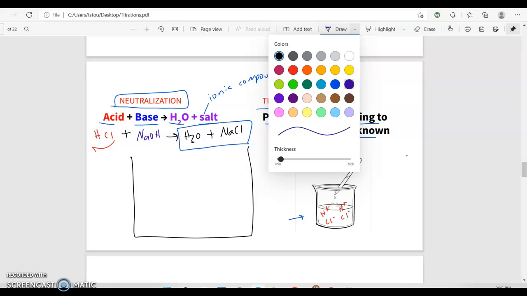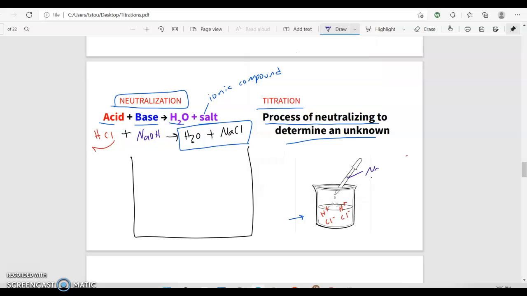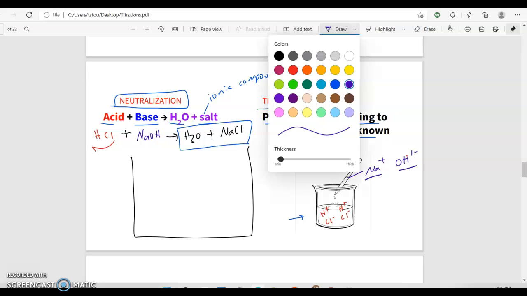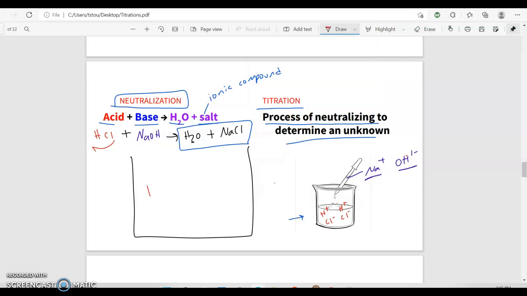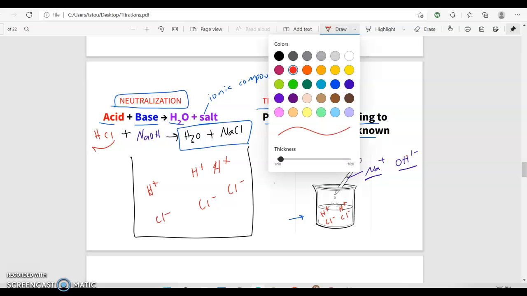And what we happen to do is drop in NaOH over time. Na is a plus, OH is a minus. So here we go. I'm going to draw it up here. H plus Cl minus. H plus Cl minus. I'm just putting a couple in there because at the very beginning it was very acidic. We had a bunch of H pluses and Cl minuses.